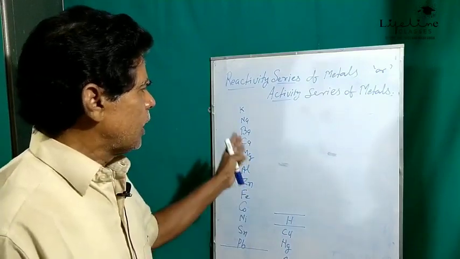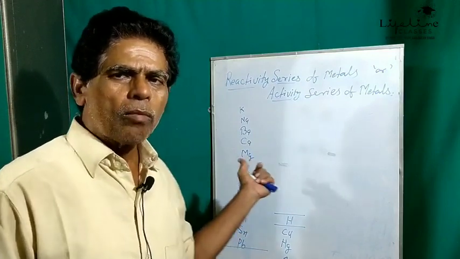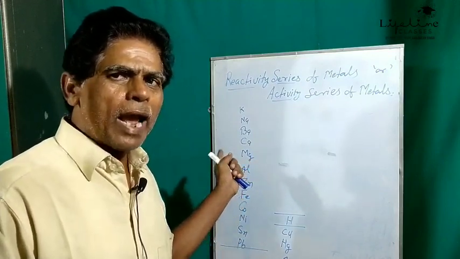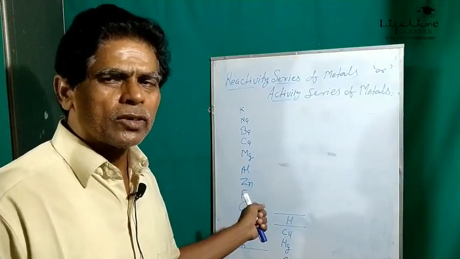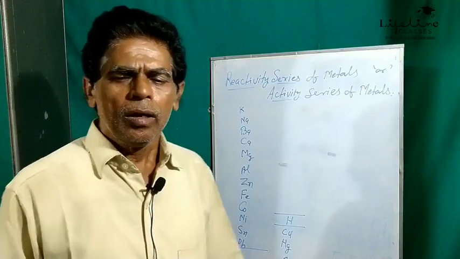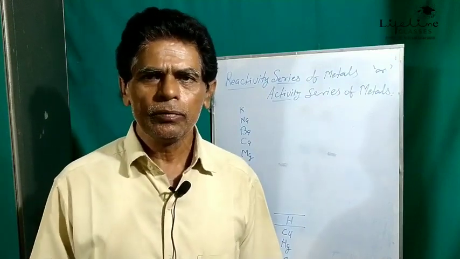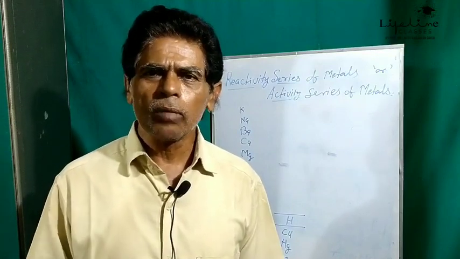So, this is the general form of a chemical activity series of metals, or chemical reactivity series of the metals. Now, there are certain features of this reactivity series. What are the common features of reactivity series?